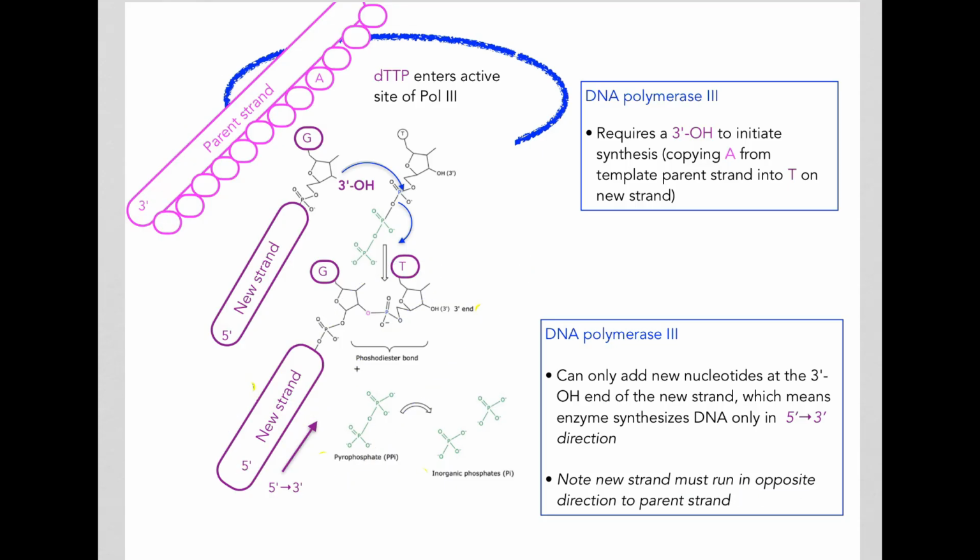So it doesn't matter which DNA polymerase we are talking about. Here we are looking at replication in E. coli. Later we'll discuss replication in the human nucleus, nuclear DNA, and then later the mitochondrial DNA in a human. And all of the DNA polymerases have these requirements. They must have a 3' hydroxyl group to do the synthesis, and they can only synthesize in the 5' to 3' direction.